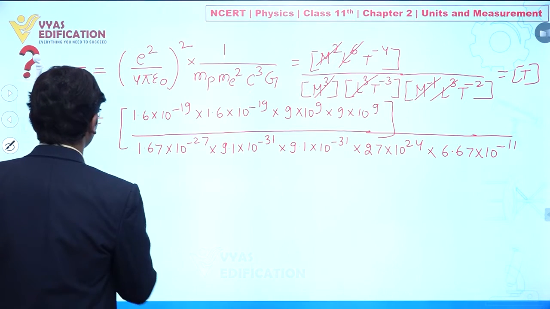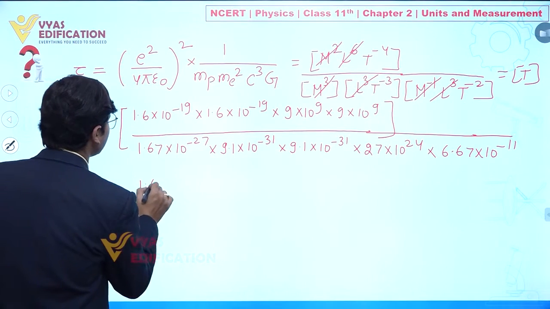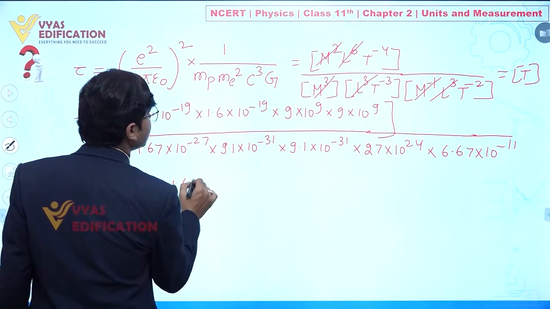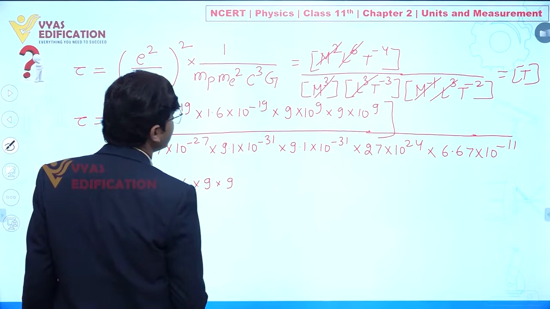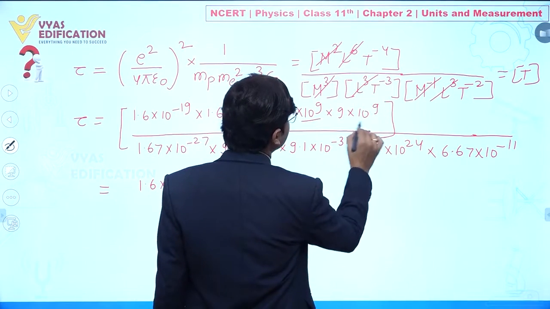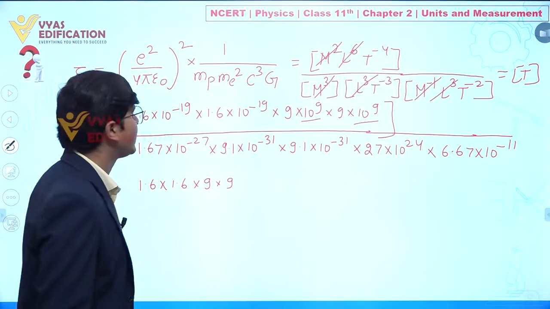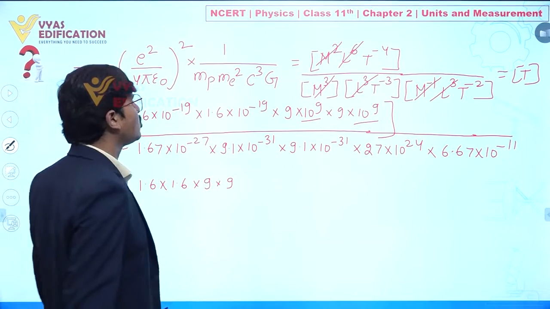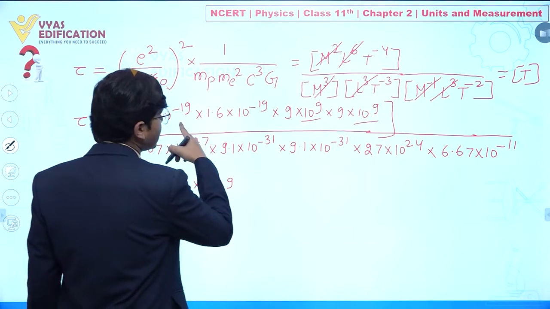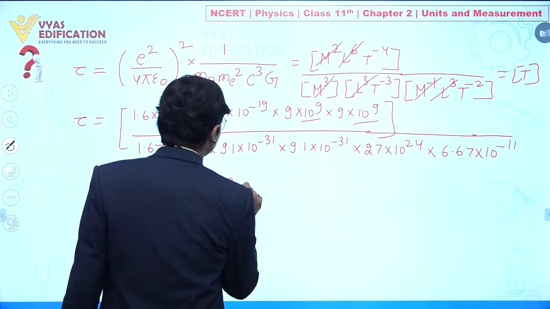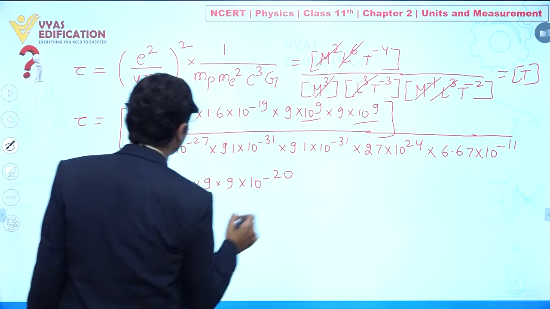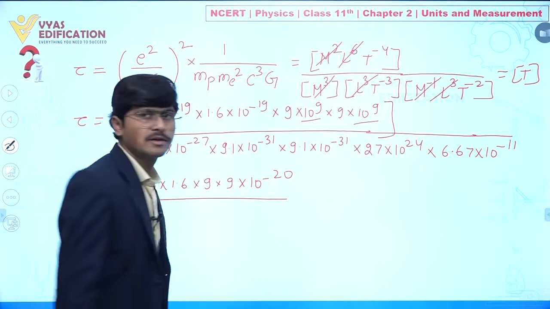Clear? So from here you can write like this, 1.6 into 1.6 into 9 into 9. Clear? From here we can say 10 to the power 9, 10 to the power 9, this is 10 to the power 18, and this is 10 to the power minus 19, and we can say 10 to the power minus 20, clear, divided by.